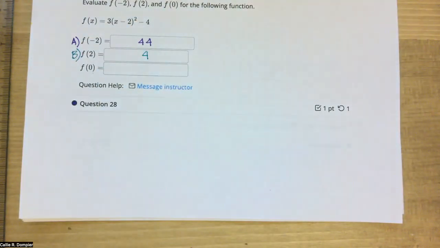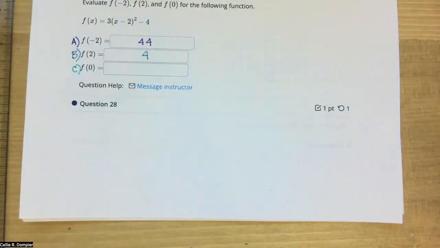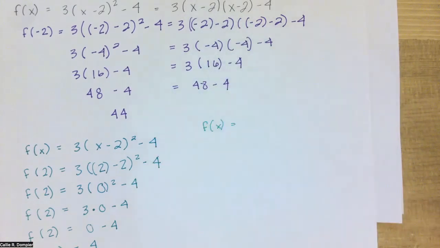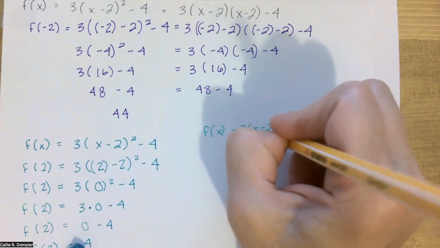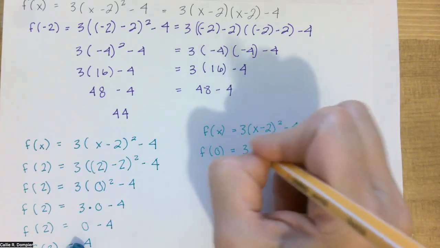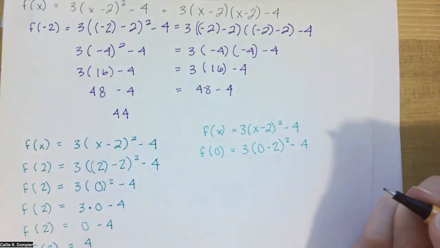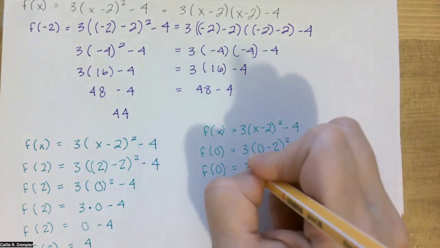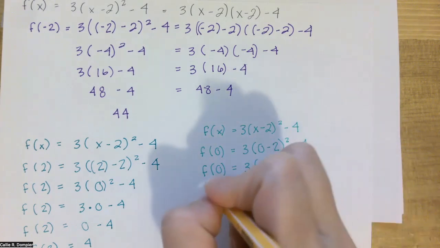And the last one is, we'll call it C, f of 0. If f of x is 3 times the quantity x minus 2 squared minus 4, then f of 0 is going to be 3 times 0 minus 2 squared minus 4. f of 0 is 3 times 0 minus 2, which gives us negative 2 squared minus 4.